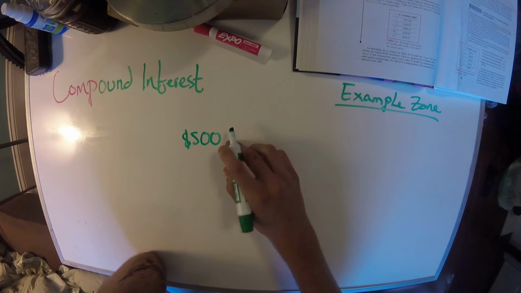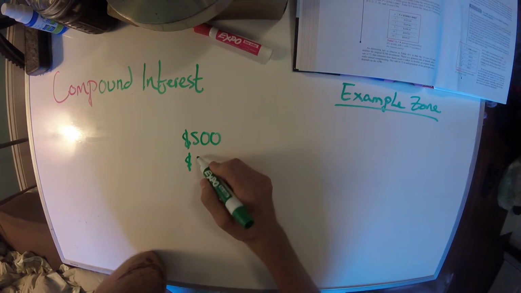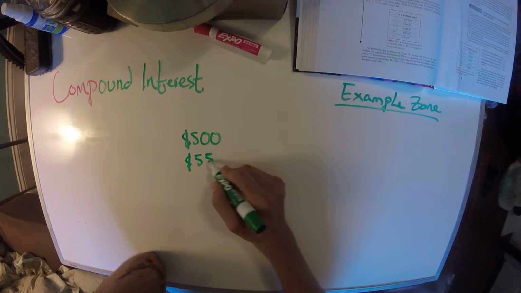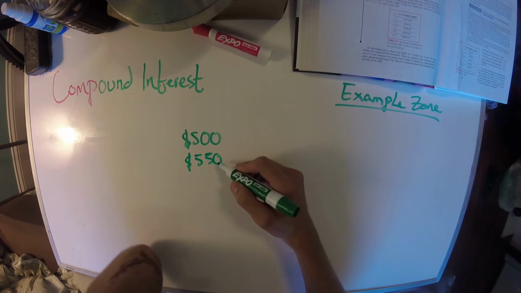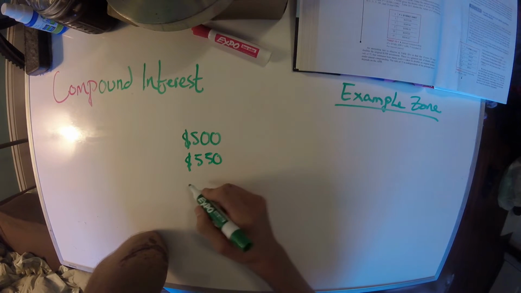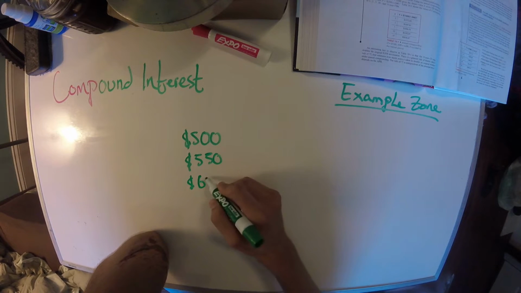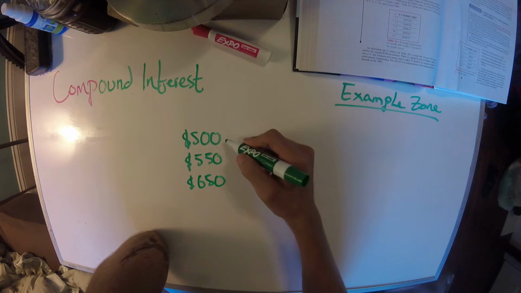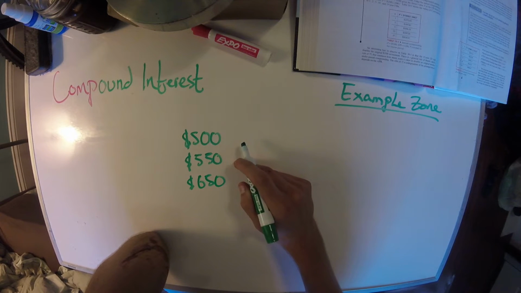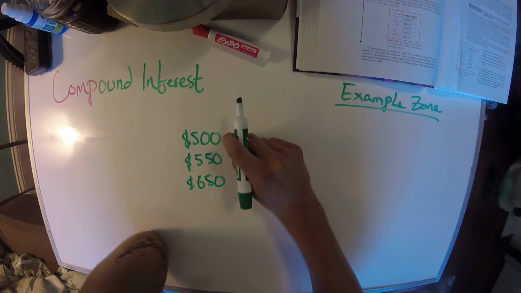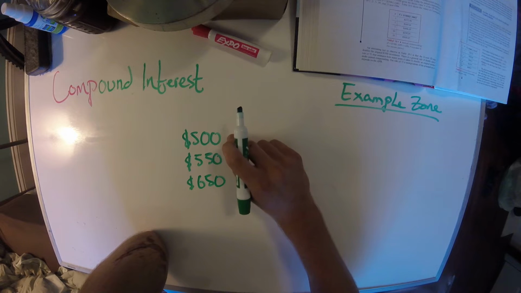After 1 week you owed $550, but then after the second week you owed $600, because, in the simple interest case, you added 10% of the original 500 every time.